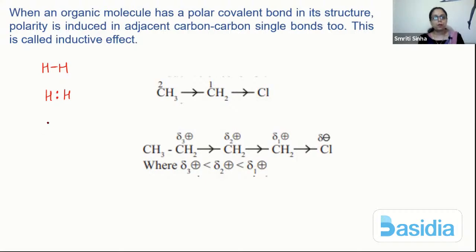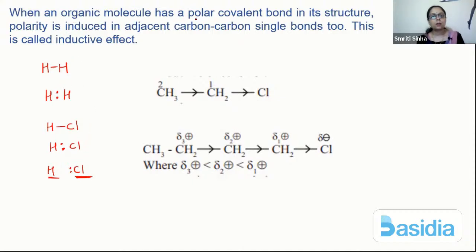But suppose if you have two different atoms attached to each other, here again electrons will be shared between the two. But the thing is, this electron will not remain at the center. Instead, it will move towards the chlorine. Why? Because one atom is more electronegative than other. And this type of movement of electron is called actually inductive effect.